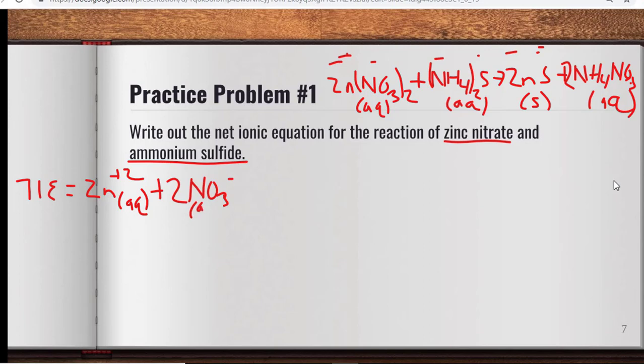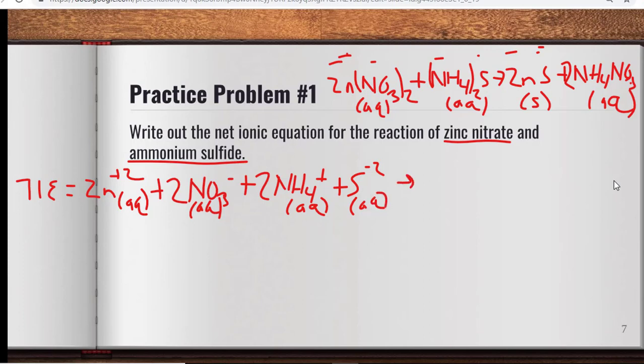Those are also aqueous. We have 2 NH4 ions. Those are also aqueous. We have a sulfide ion. Again, aqueous.